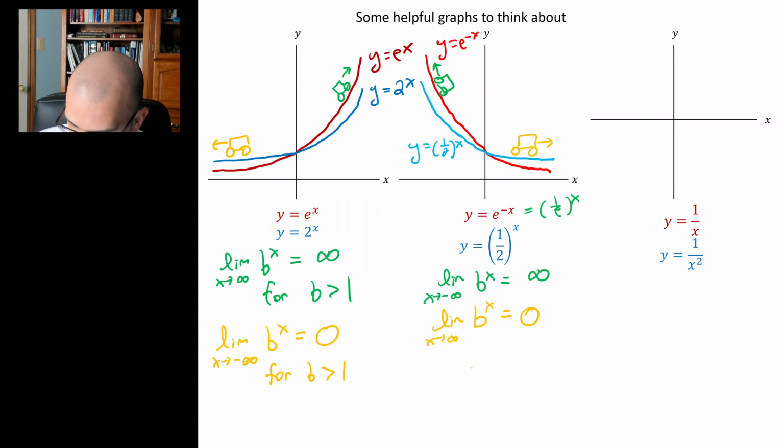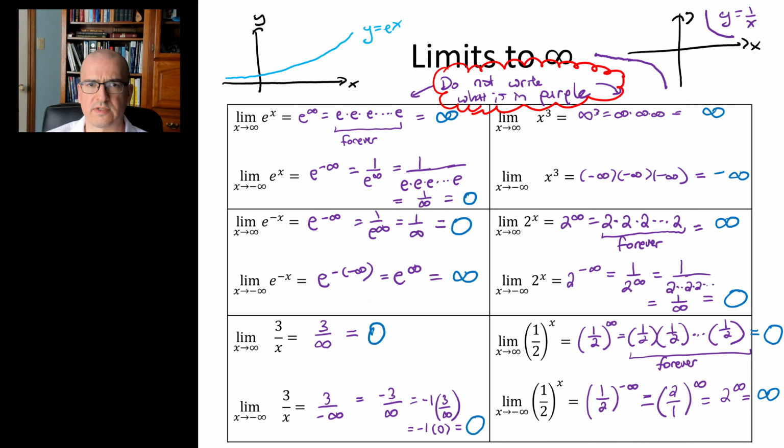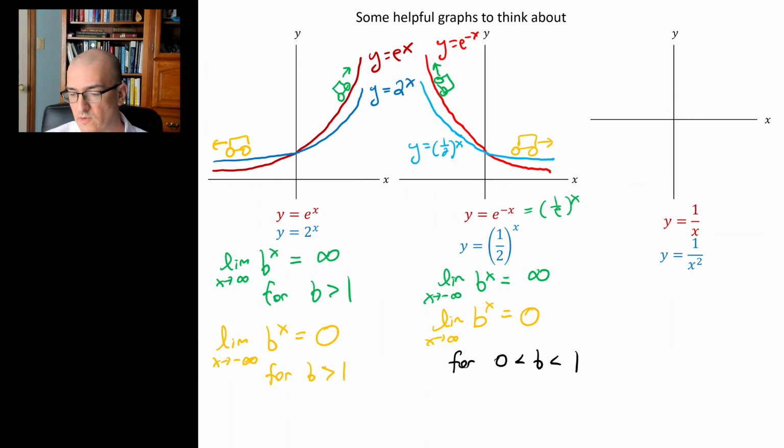And these are for 0 less than b less than 1. So for values of a base that are between 0 and 1, this is what the behavior is. And it's based on either the algebra, like what was done here, using this as kind of a legal notation, or based on what does the graph do, what is the picture doing.